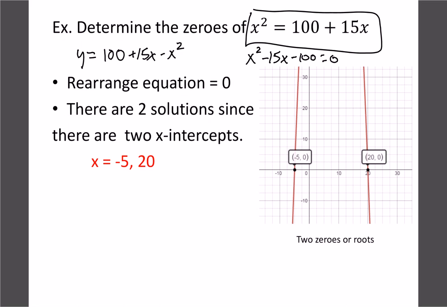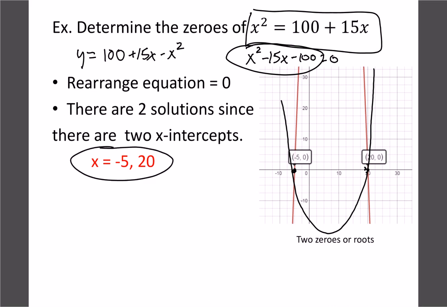So either of those two equations will give you the same solutions. If you do it the first way, the graph looks like I've got on the screen. If we were to graph y equals x squared minus 15x minus 100, it's going to be the same graph but upside down, but it'll still cross in the same locations. And because we're only worried about the x-intercepts, it'll work either way. So in this case, go second calc 0, do your left and right, and we get -5 and +20.